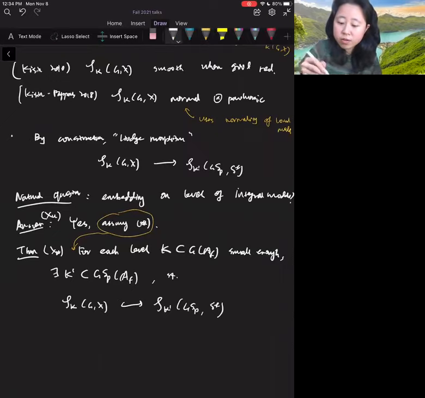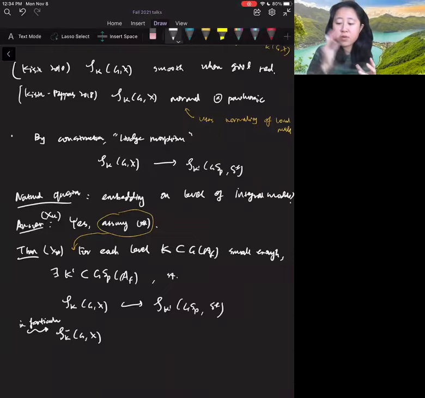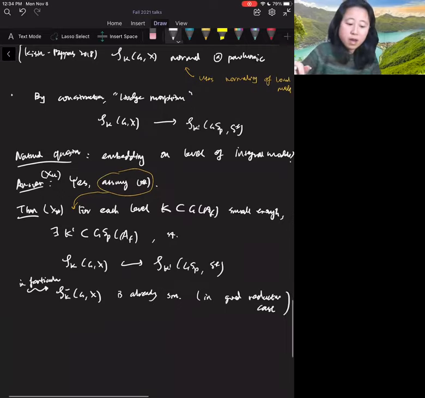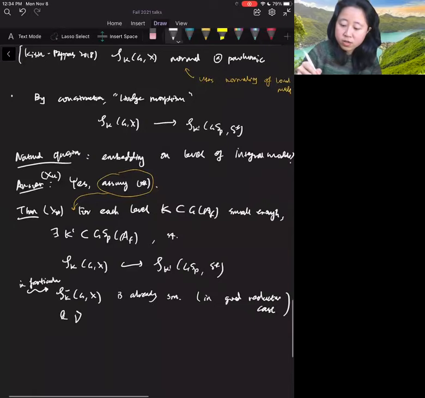So in particular, a corollary of this is that the closure that you took of the generic fiber inside the ambient Siegel integral model is already smooth in the good reduction case, and also the normalization morphism is an isomorphism.